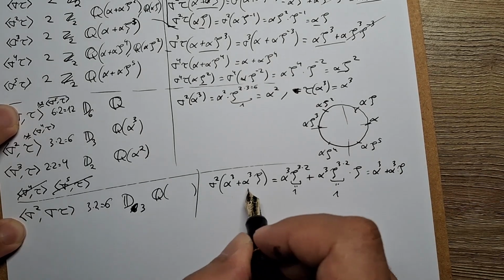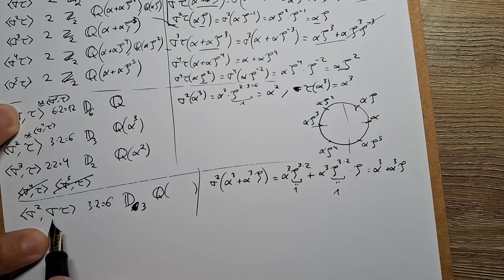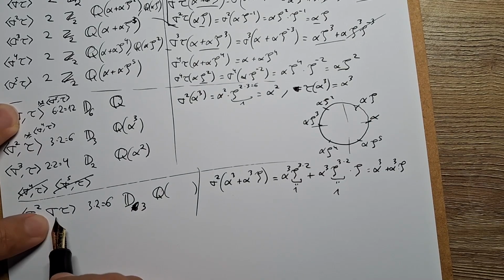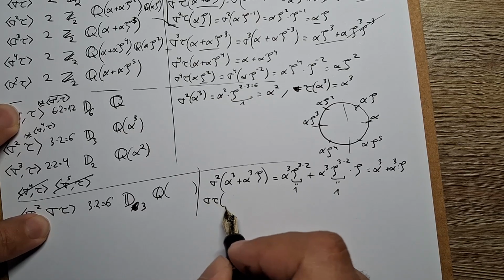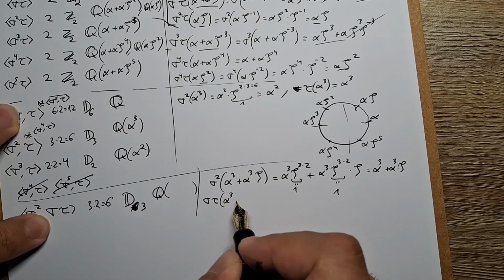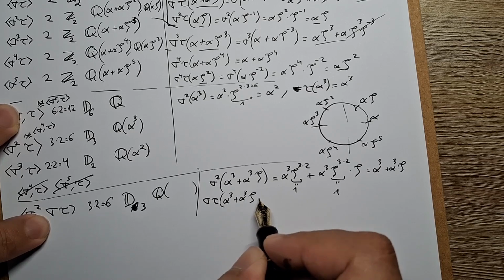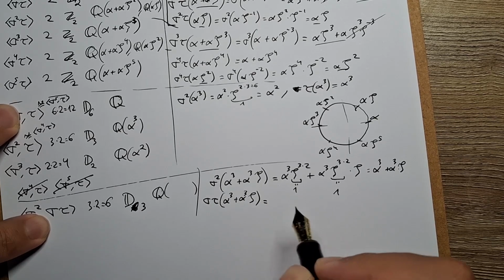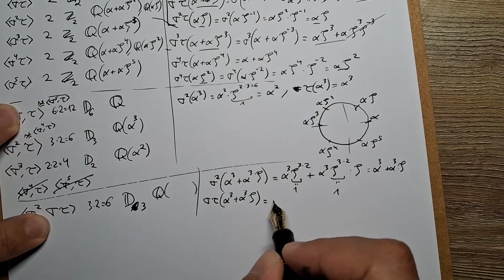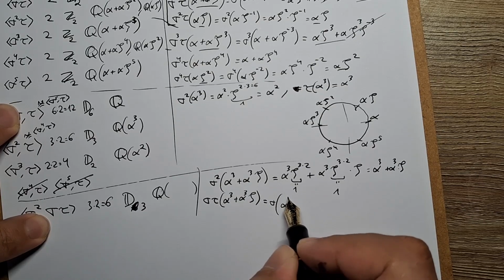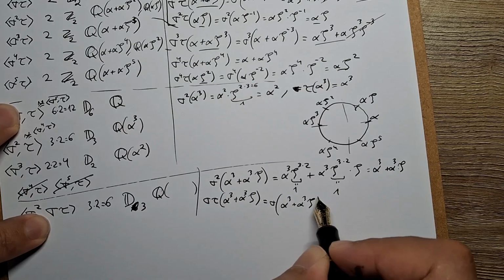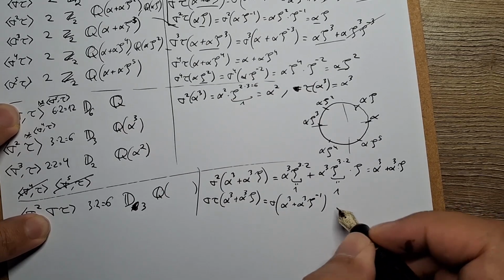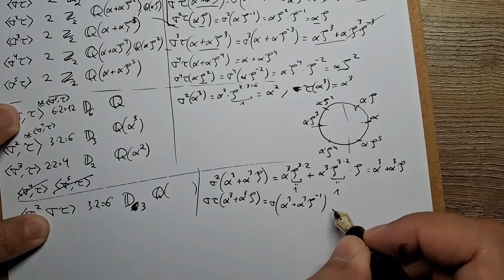This is the same as we had before, but we also need to make sure that this is fixed by this other Q-automorphism, which is tau and sigma. Let's see. Alpha to the 3, alpha to the 3 theta. Now we apply tau. We get that we need to find sigma of alpha to the 3 plus alpha to the 3, and here we have minus 1. And now you apply sigma.